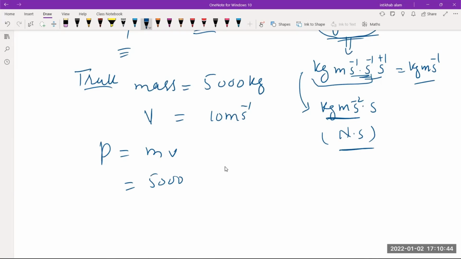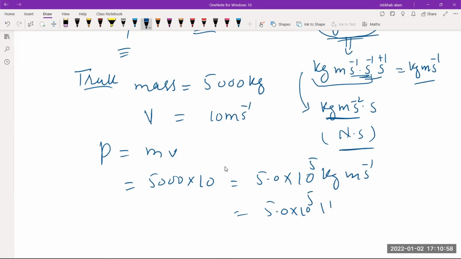So you will multiply 5,000 with 10. So you will write it is 5.0 into 10 raised power 5 kilogram meters per second, or simply you can write it as 5.0 into 10 raised power 5 Newton seconds. So both can be written. There isn't any issue in writing Newton second or kilogram meters per second.